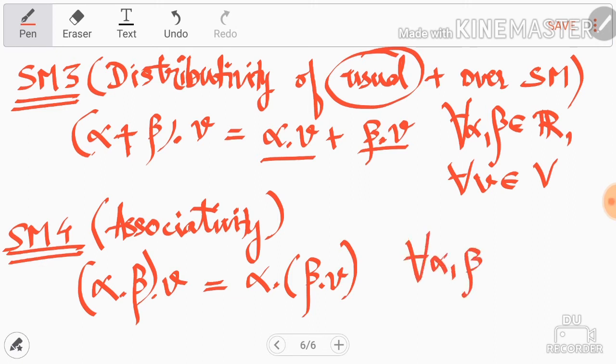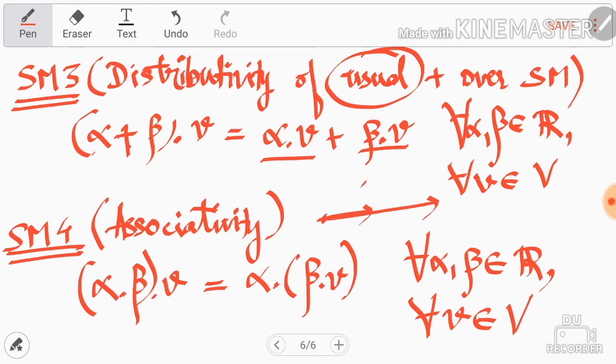This is true for every alpha and beta belonging to the set of scalars and for every v belonging to V. Which means that if you have a vector v, you stretch it by alpha beta scaling factor. This is same as stretching the beta times v by the scaling factor alpha.